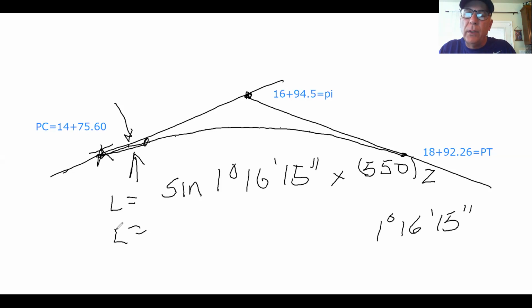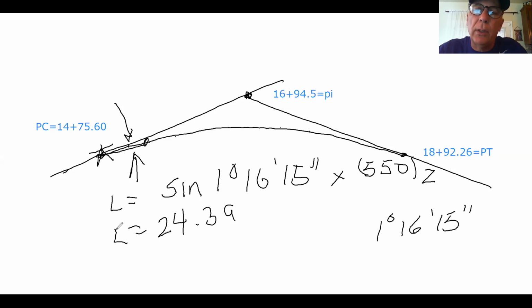Take the sine function of that, multiply that times the 550, and then multiply that times 2. And we would end up with 24.39. So therefore, the first straight line distance is 24.39.